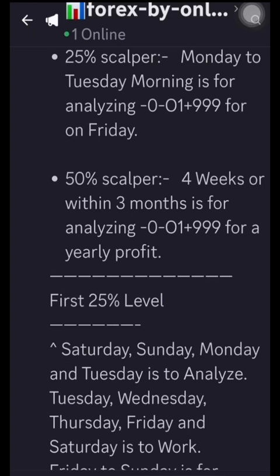You can use 4 weeks to analyze, but I might use 2 days to analyze a yearly time frame, until the end of the year. As for a 50% scalper, 4 weeks or within 3 months is for analyzing gold for a yearly profit.